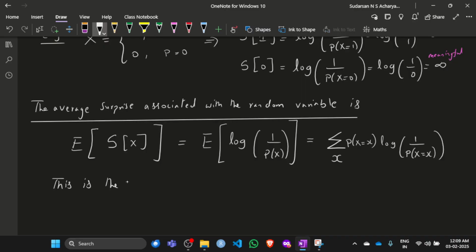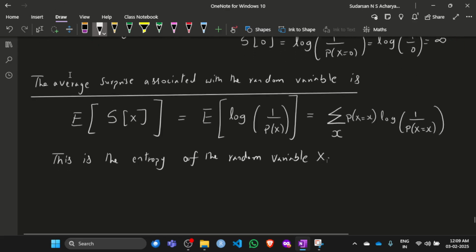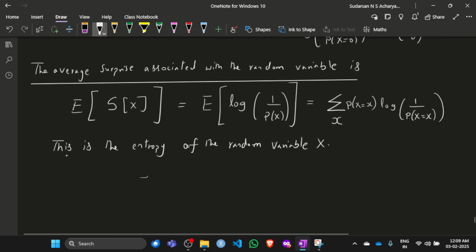This, or we simply say this is the entropy of the random variable x. Okay, so sometimes we write it like this. So the entropy associated with the random variable is the expected surprise, right?